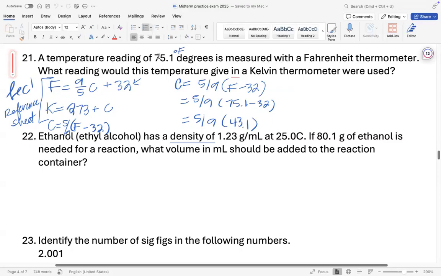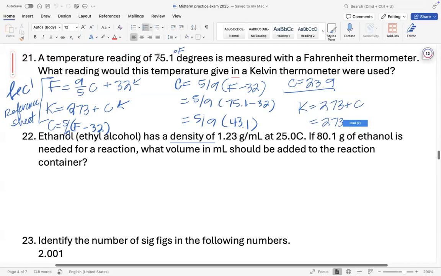Then Celsius would equal 23.9. Now we have Celsius. We can plug that into this formula to get Kelvin, which is going to answer the question.